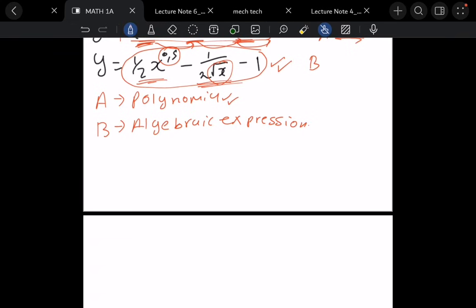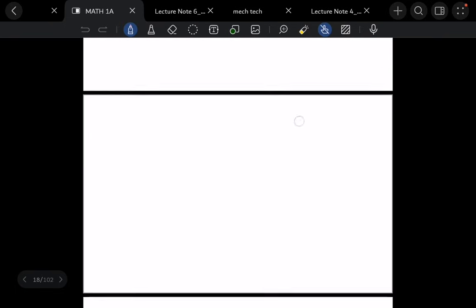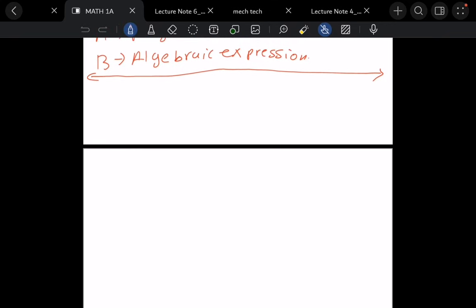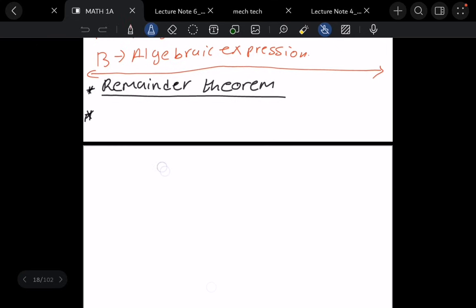Very, very simple. Now let us first look at the two theorems that you are actually going to learn. The first one is called the remainder theorem, and the second one is called the factor theorem.